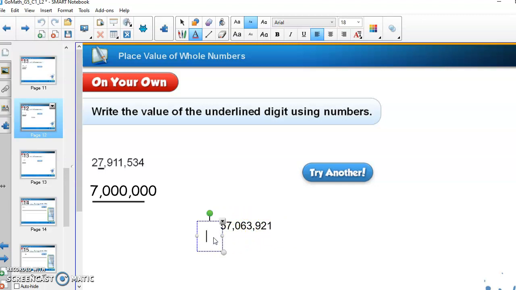So remember, when you're writing something in expanded form, you look at each place value, each digit starting on the left. So the 5 is in the 10 millions place value. So that's 5 times 10 million. And I should write that in parentheses. Okay, and then I'm going to add to it, the next place value, the 7. If I write that in expanded form, it's in the millions place, so that's 7 times 1 million.